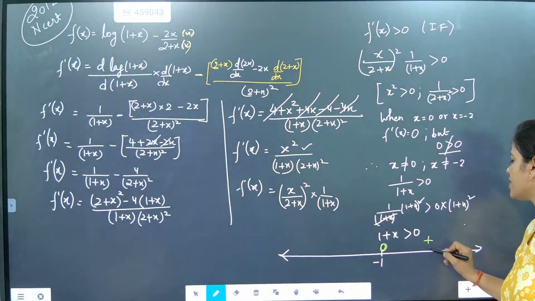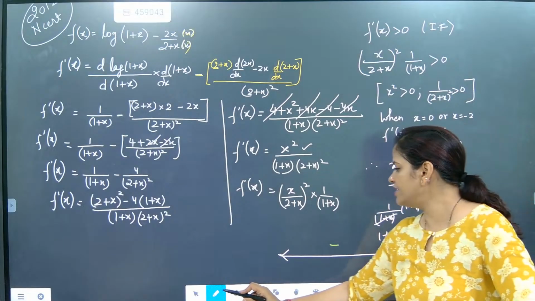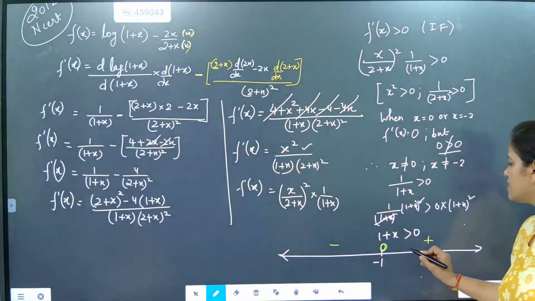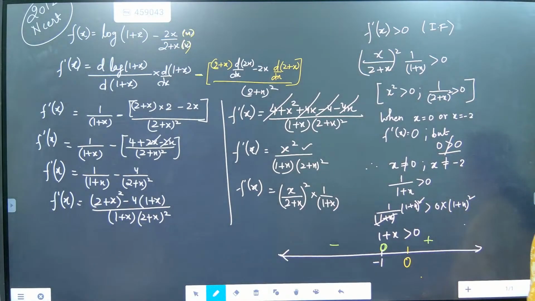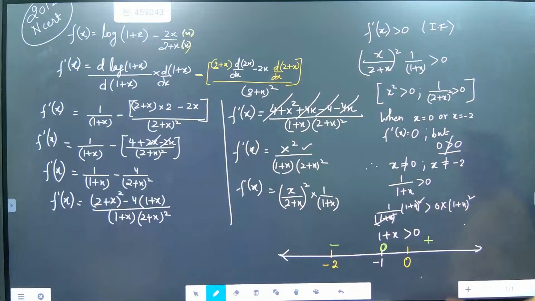Left of it will become plus and right of it will become minus. But what are the interrupting points? Our two interrupting points are 0 and minus 2, because x should not be equal to minus 2 and x should not be equal to 0.